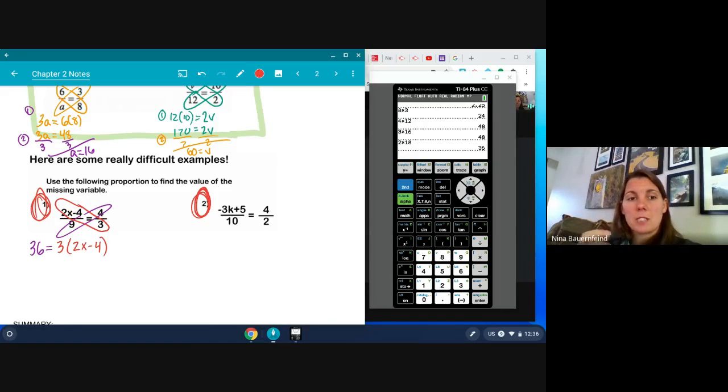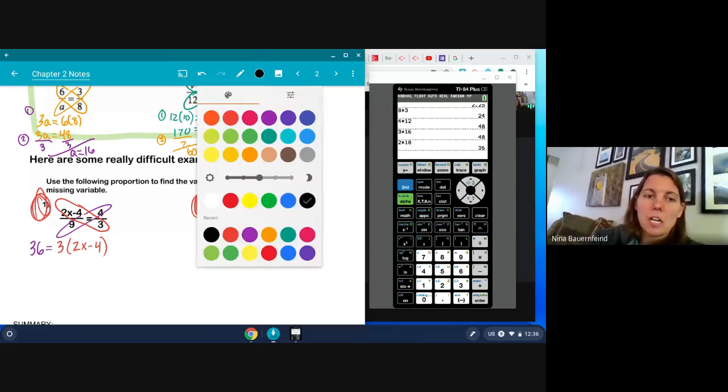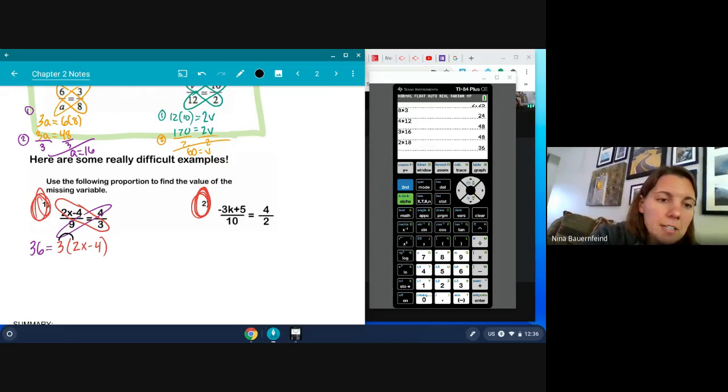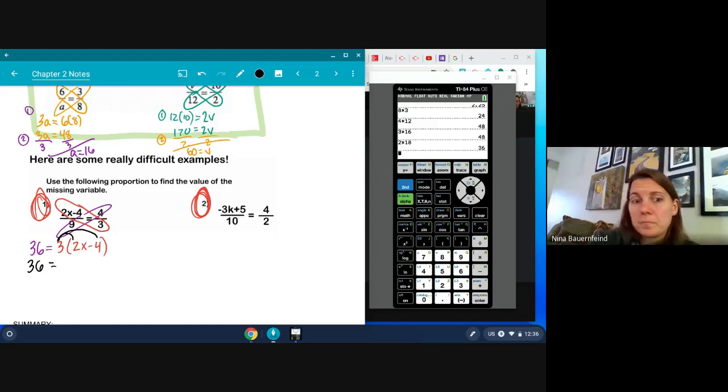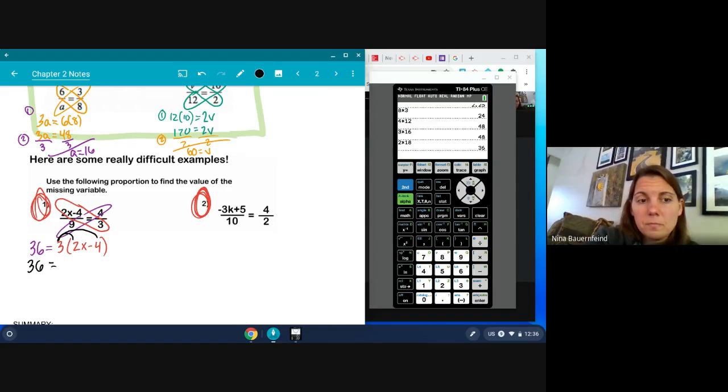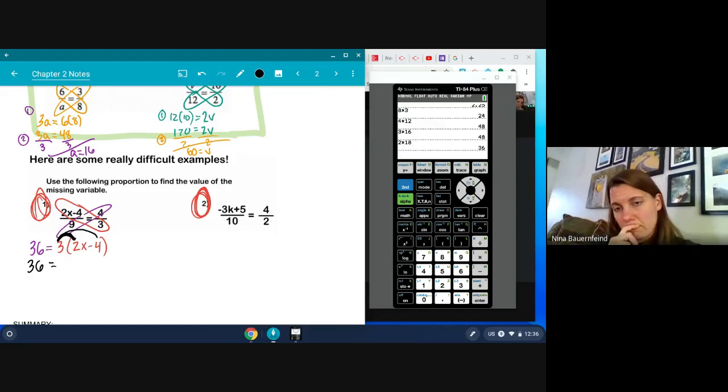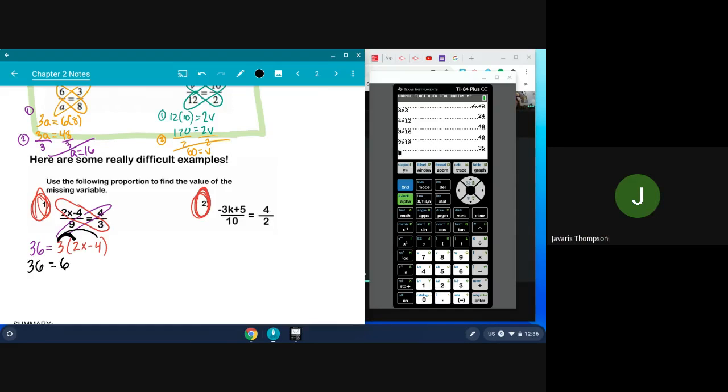3 times 2x minus 4, this is the part that screws people up because it seems really complicated. You need to take 3 times everything inside. So we keep our 36. What is 3 times 2? 6x.